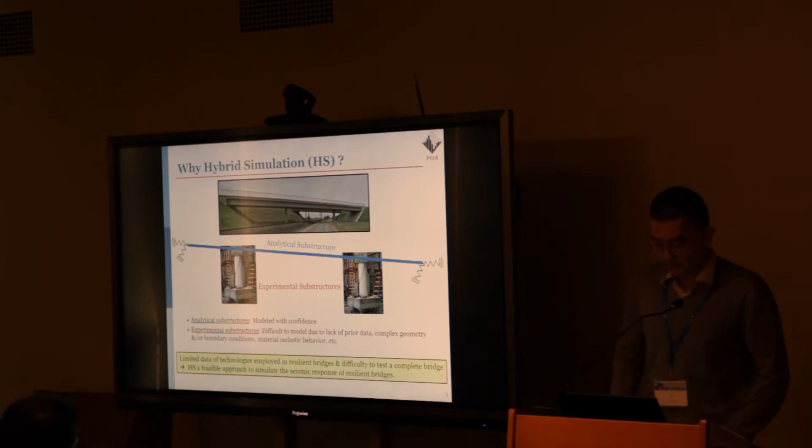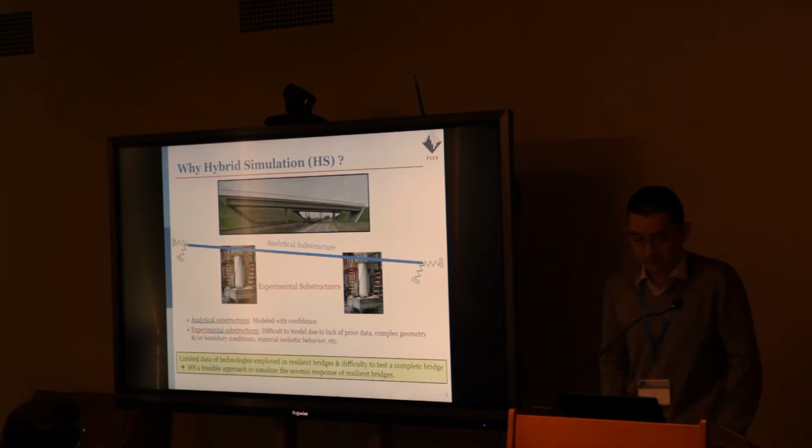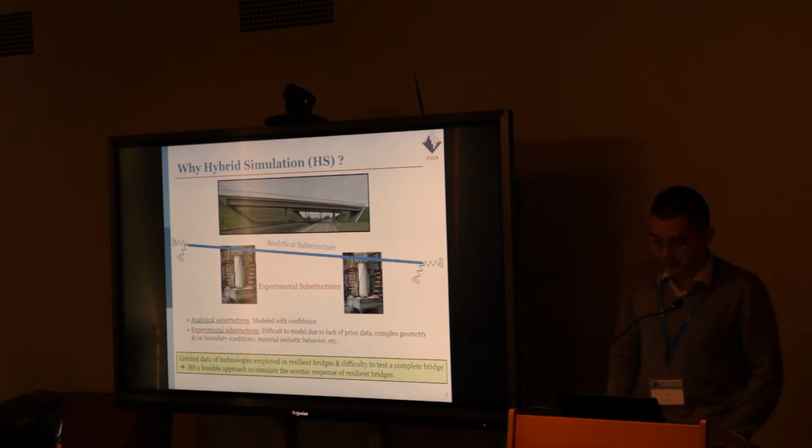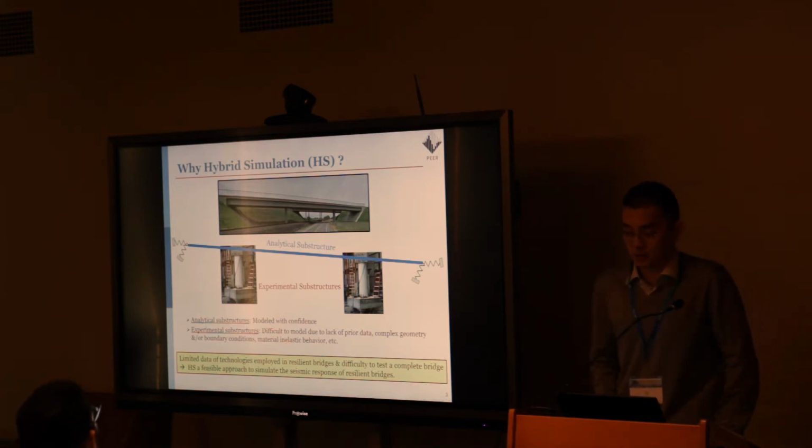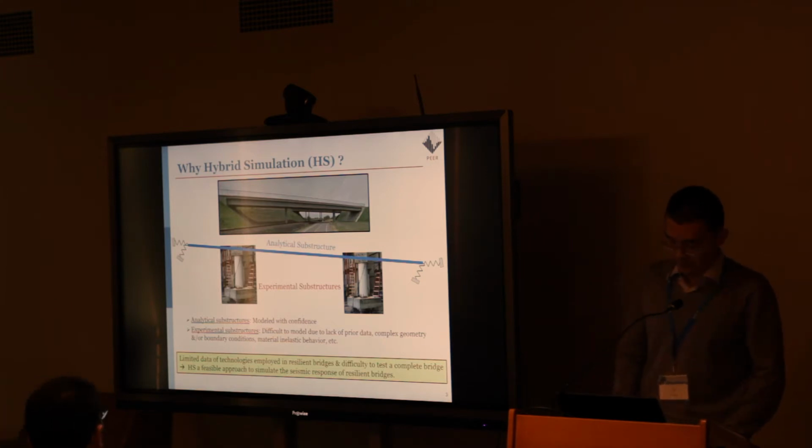So in terms of this new type of bridge bend, because we have limited data on technologies in resilient bridges and the difficulty to test a complete bridge in a lab, therefore hybrid simulation is a good choice for us to do in a lab.